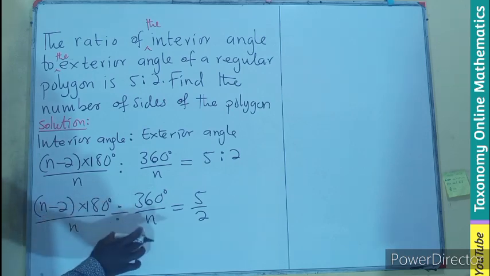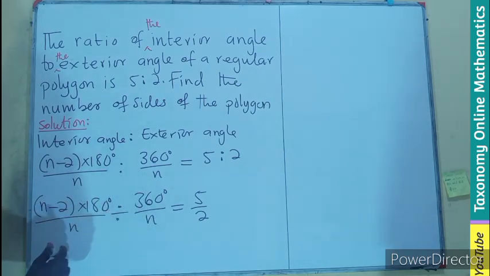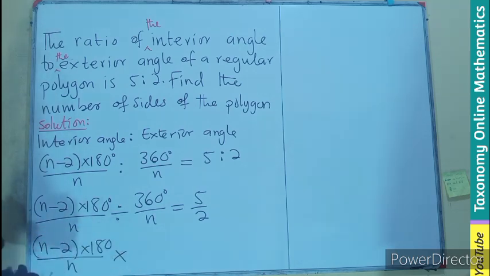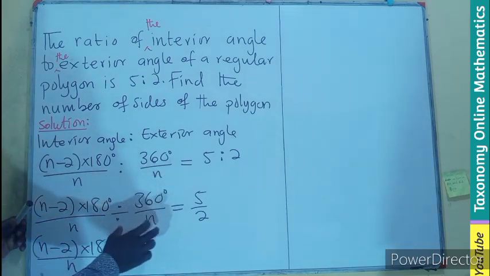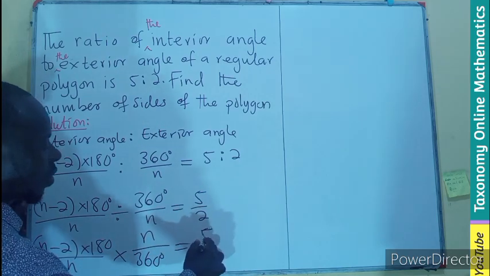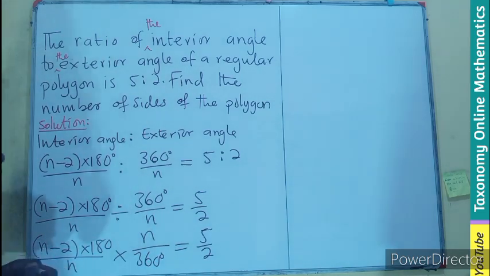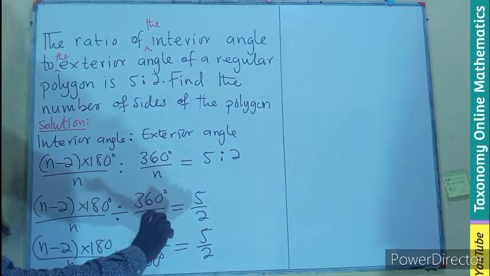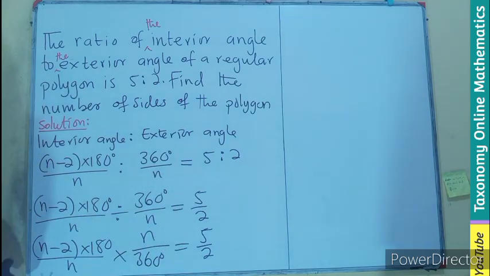Remember, if you are dividing two fractions, we change the division to multiplication. So (n minus 2) times 180 divided by n, multiplied by, we reciprocate the second fraction, so n on top, then 360 degrees down, still equals 5 on 2. So numerators are multiplied together, denominators multiplied together.